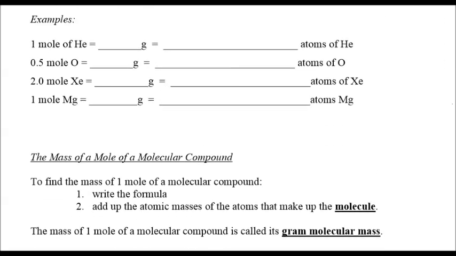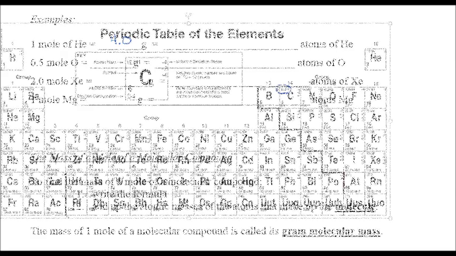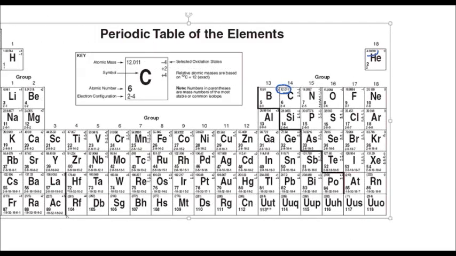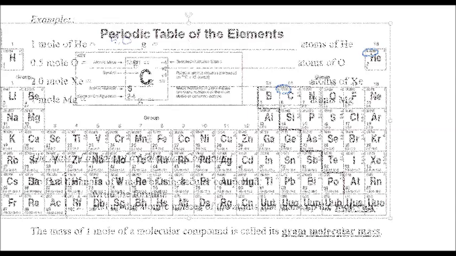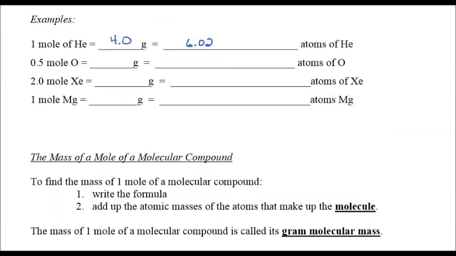So using the periodic table, if we have a mole of helium, it will weigh 4.0 grams. And it will have 6.02 times 10 to the 23rd atoms.